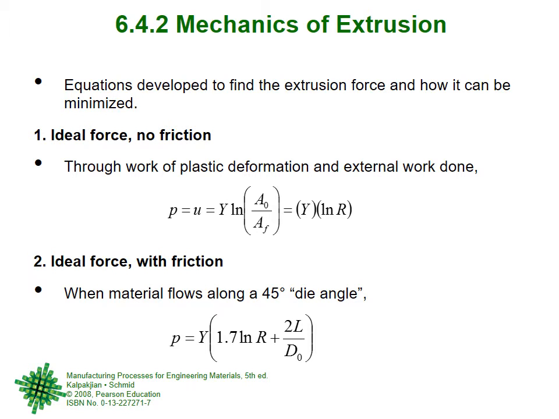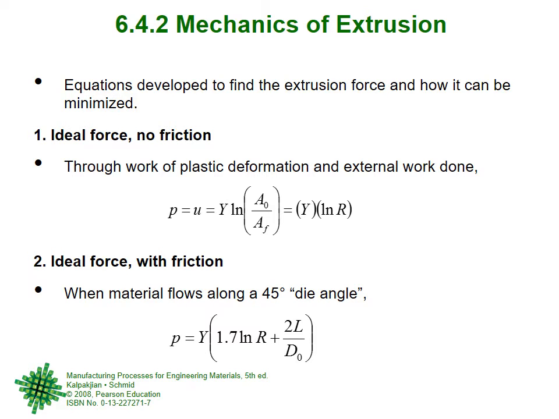There is the ram, there is the billet, this is the die, there is the original area of the billet A0, there is the final area of the extruded product AF, right, and so on. So based on that type of equilibrium, balance of forces and so on, the equations can be developed. I am directly giving you the equation.